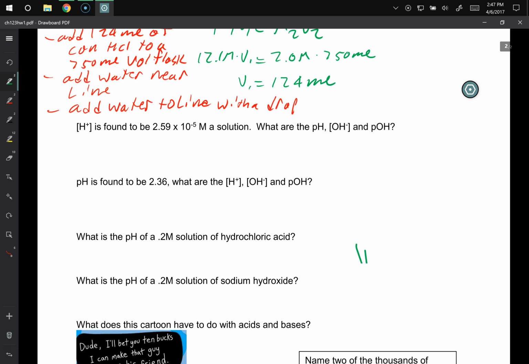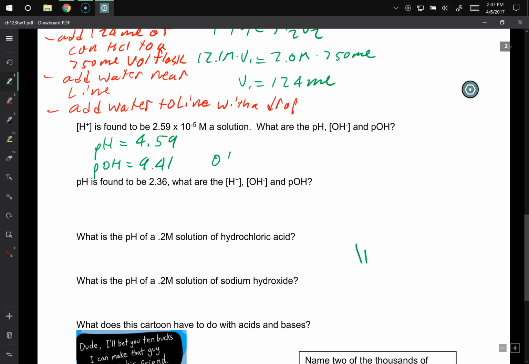So negative log 2.59 E negative 5, close. Okay, so I have a pH equal to 4.59. And so then I have a pOH equal to 9.41.